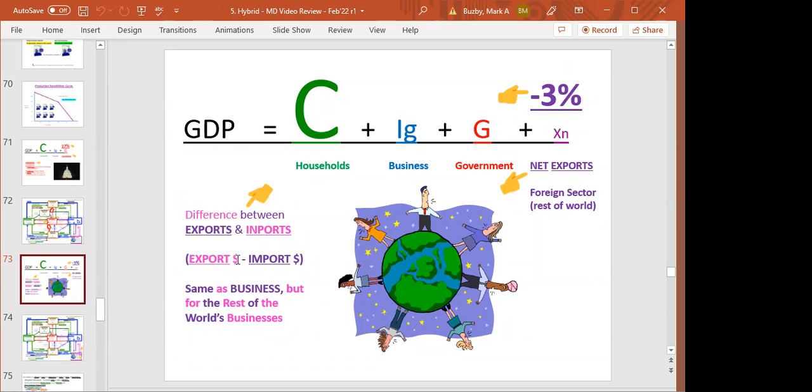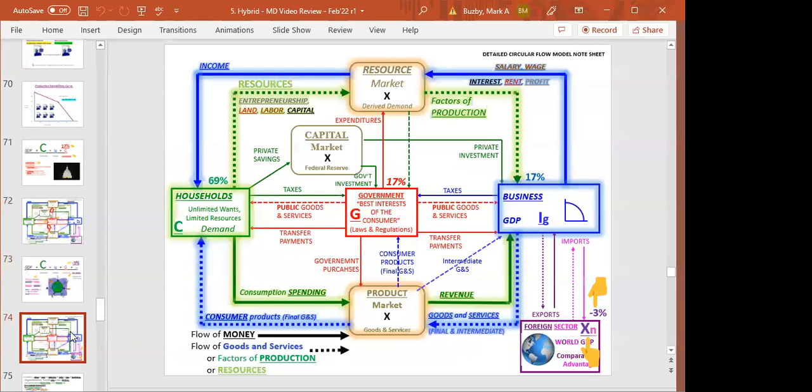So export dollars minus import dollars. Export comes before import. So we take a look at that, and that's where of that $22 trillion that we spent, it could have been more, because 3% of what was spent in the U.S. economy actually went to the rest of the world.